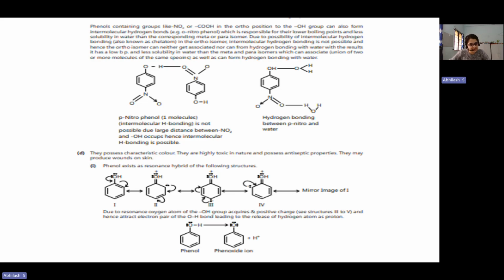When this bond shifts, the electrons at this position give a negative charge, then this negative charge is shifted to the next position, and then this bond is again shifted to the carbon, and this takes place in a cyclic manner, which leads to the resonance hybrid. Here you can see the phenol can easily give H plus ions, leading to the formation of the phenoxide ion. This is the basic resonance structure for the phenoxide ion.